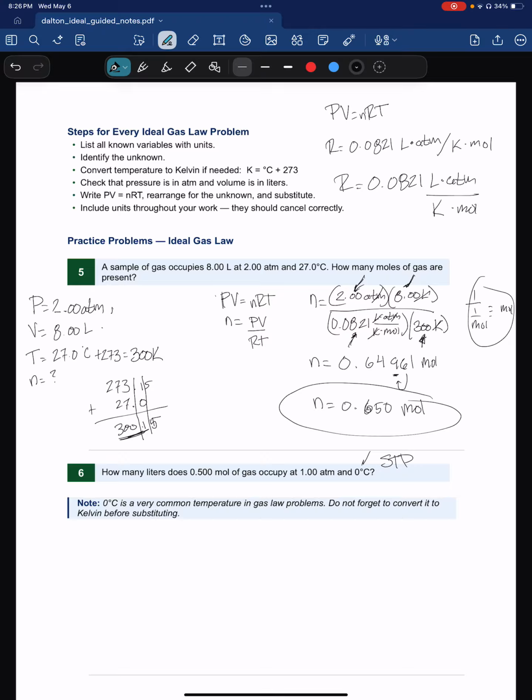All right, so let's go ahead on the side and write out the variables and see what do we know. We've got 0.500 moles of gas. That's going to be N, 0.500 moles. We've got 1 atmosphere.